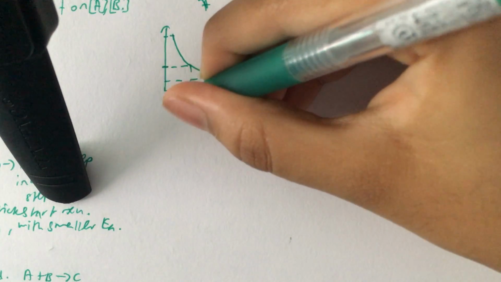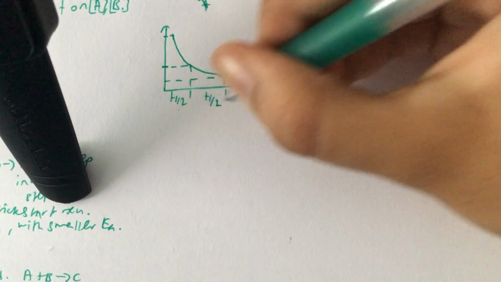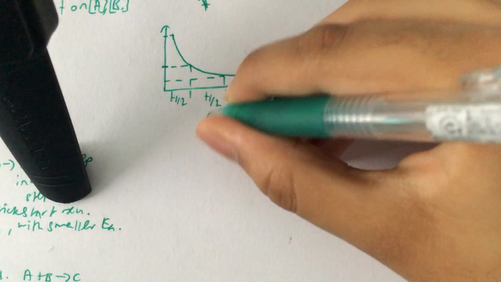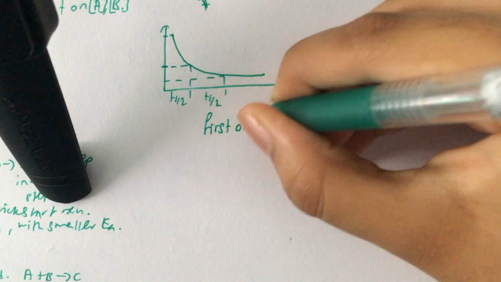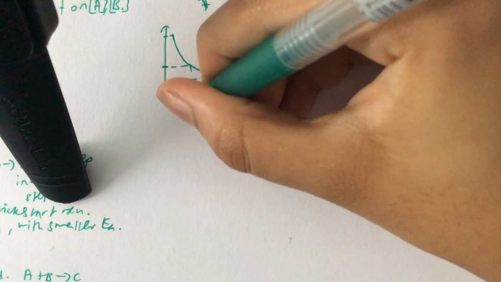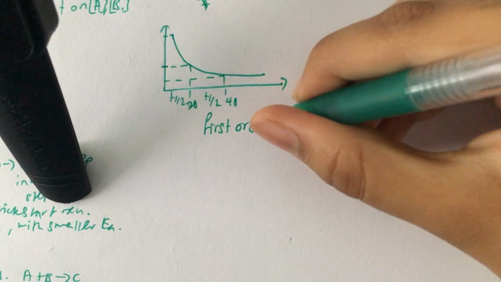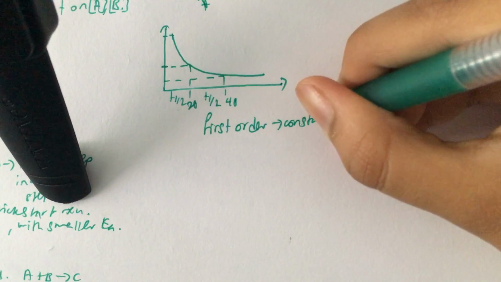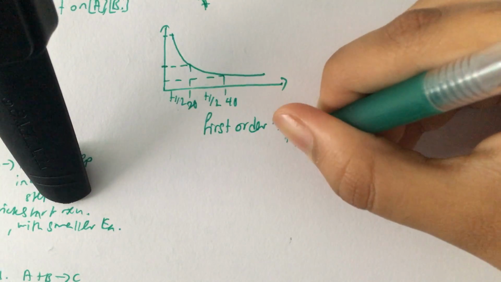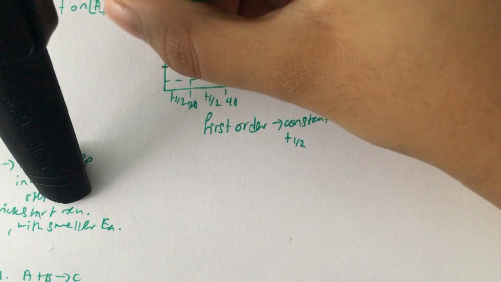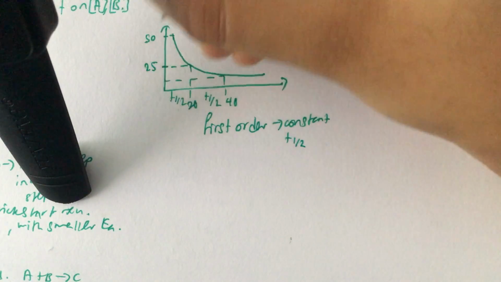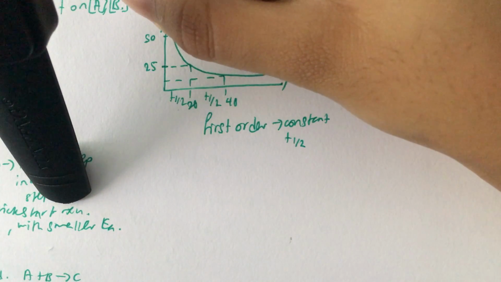So for your first order reaction, you can have a half-life of, let's say, 20 seconds, and let's say your initial concentration is 50 milligrams per dm cube. Okay, actually that seems quite small.